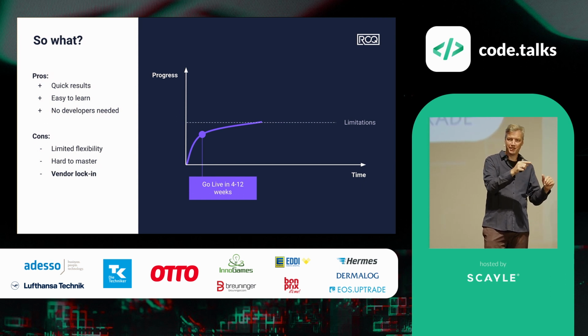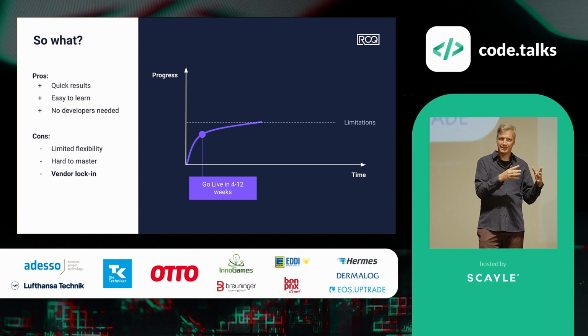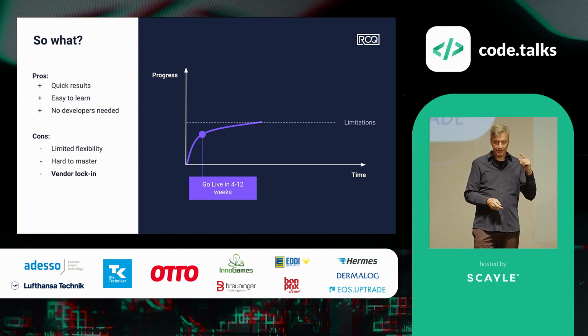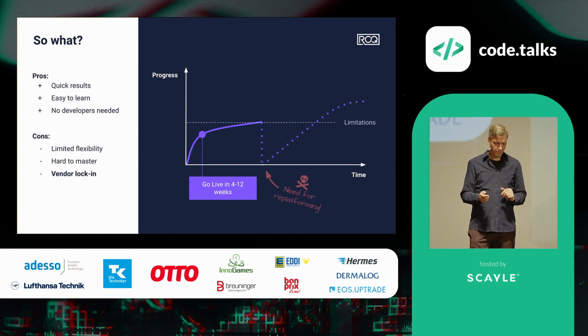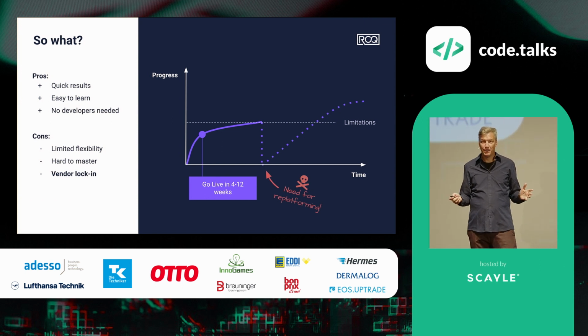There is no button that you can press and get the code. So all your investment is in their engine. You're locked in. That means if you reach this limitation and you want to grow above that, you have to throw away everything and rebuild it. And this is what practically happens all the time.